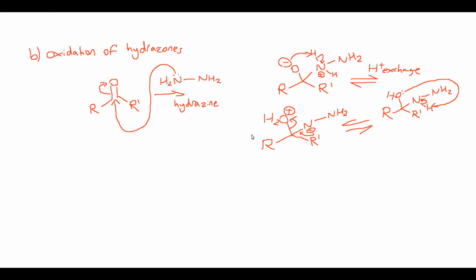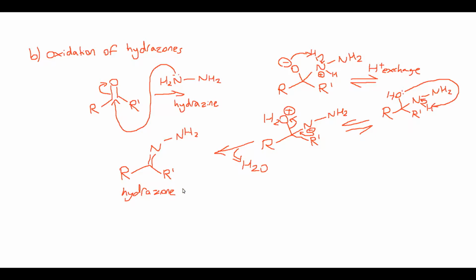So the water is going to be kicked off, and we're going to form our hydrazone. So water leaves, and then we form our hydrazone. So this here, we now have a double bond to our nitrogen with an NH2 group attached to that nitrogen. So the nitrogen only has 3 bonds, so it's quite happy to sit as neutral. And this here is our hydrazone.